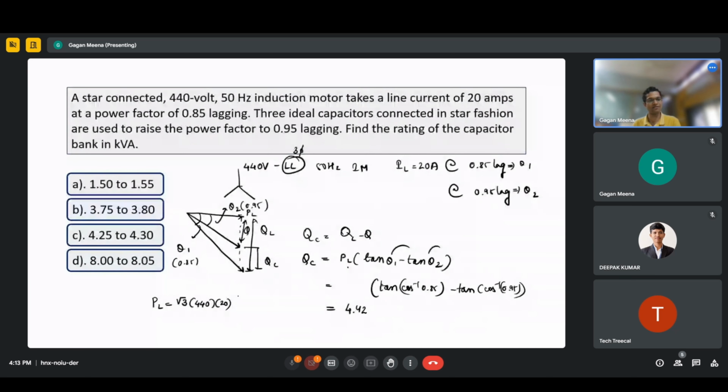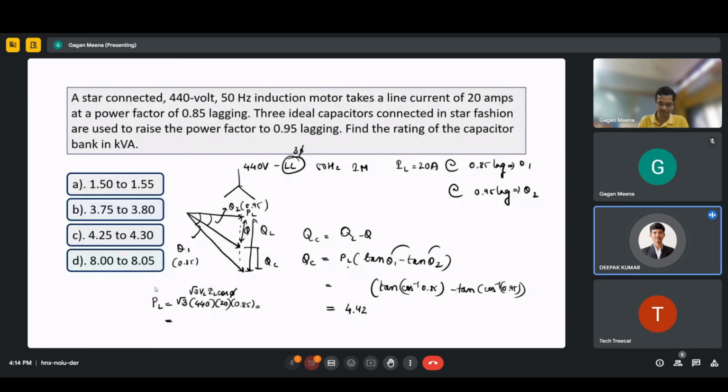And is this correct or do we need to add something? Into 0.85 also. Root 3 VL IL plus 5. So, power is not correct.